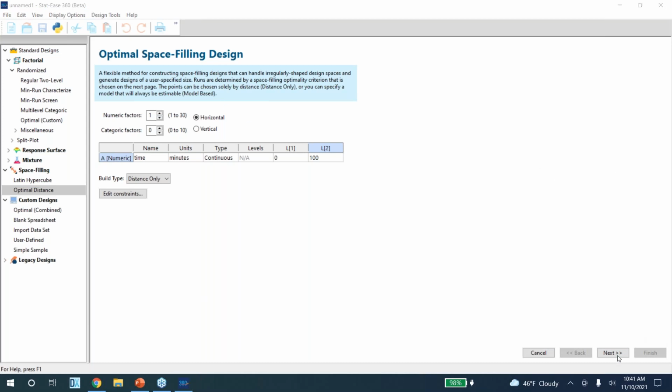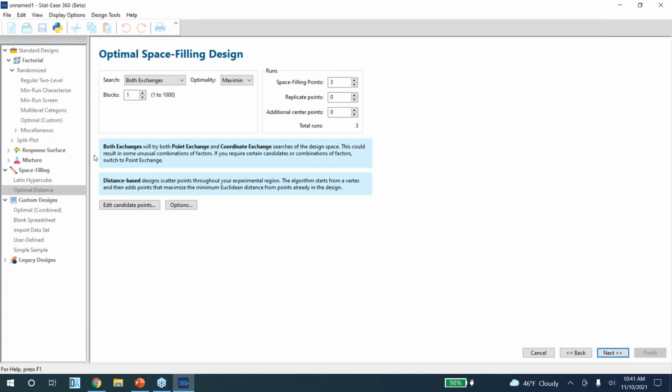Afterwards, you'd go here. This looks like our optimal interface, but now it's reworked to put in space filling points. If you want to put in replicates, we still allow you to do that. It'll try to spread out the replicates as far as possible from one another. Some people like to force in a center point because a lot of times that's their control point.